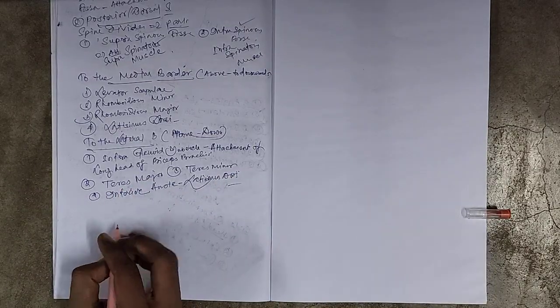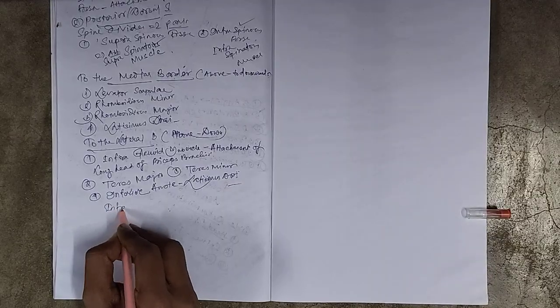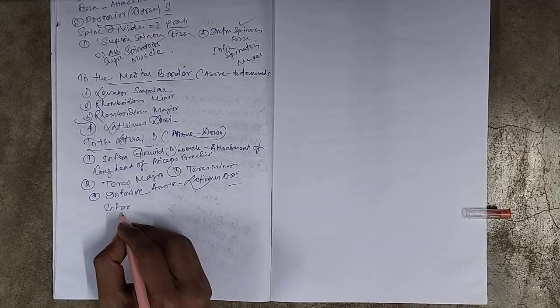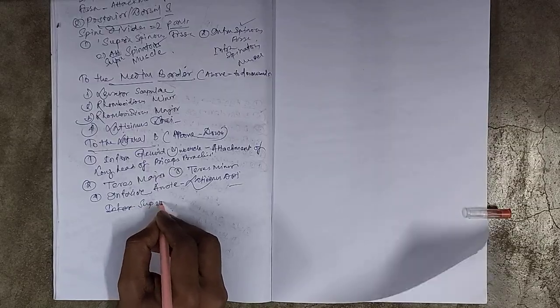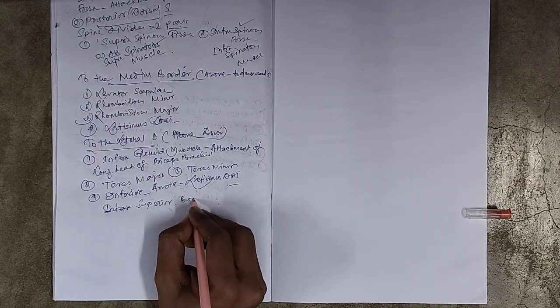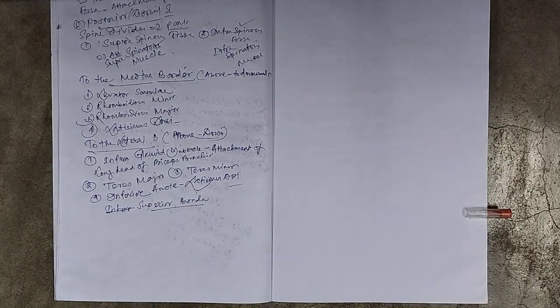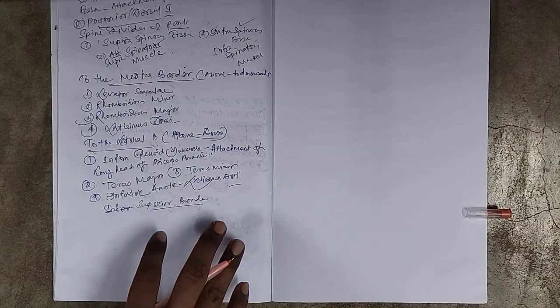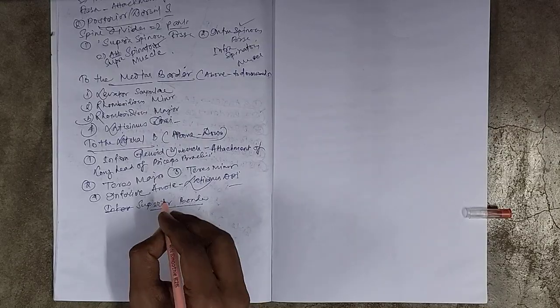Now, in case of the inferior border, no, first of all we start from the superior border. In case of the superior border, there is a notch close to the coracoid process called the suprascapular notch.